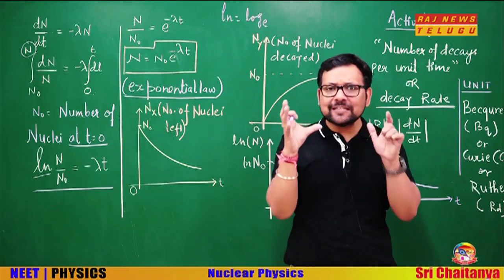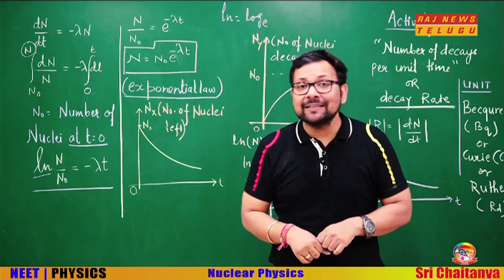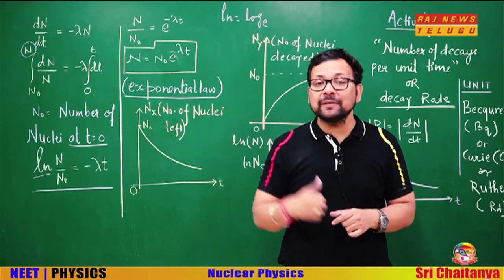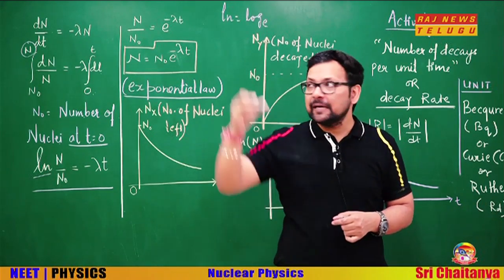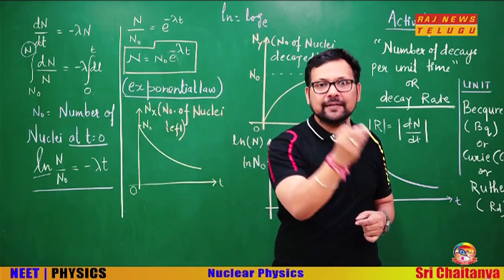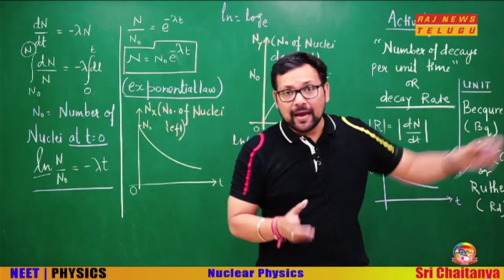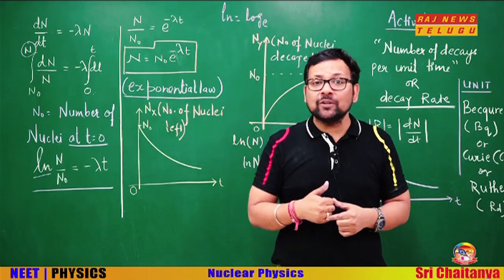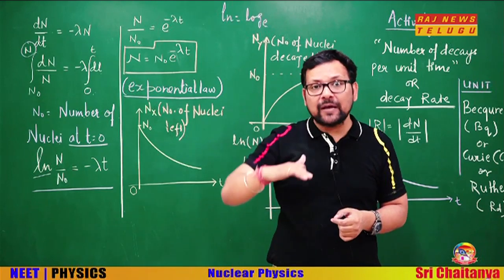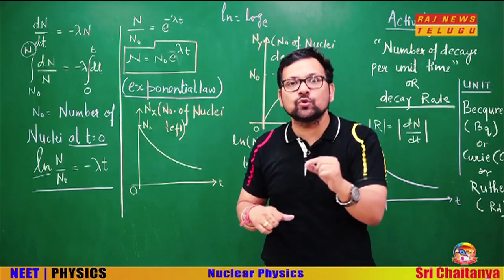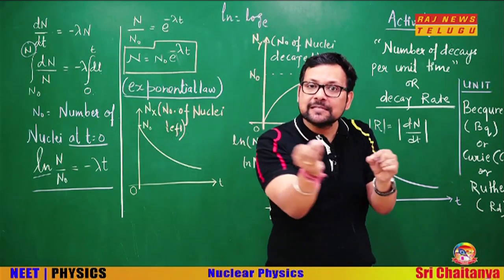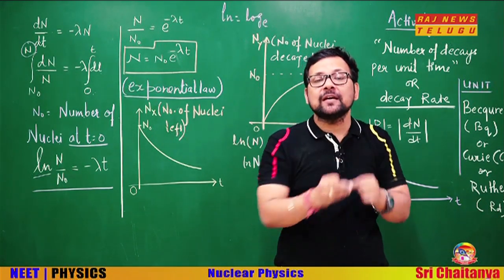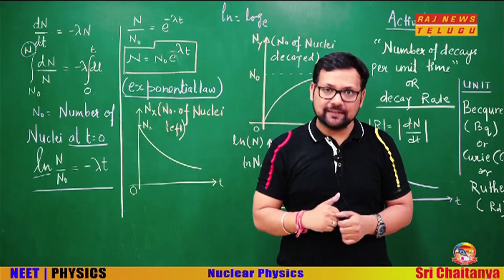Do you know what exponential decreasing is? Decreasing exponentially means it is not going to saturate at a finite time. It keeps on decreasing, decreasing, decreasing. At any finite time, you cannot get a finite drop like 10 decreasing to 2. This is not the case. N will keep on decreasing. That kind of decreasing is called exponential decreasing.